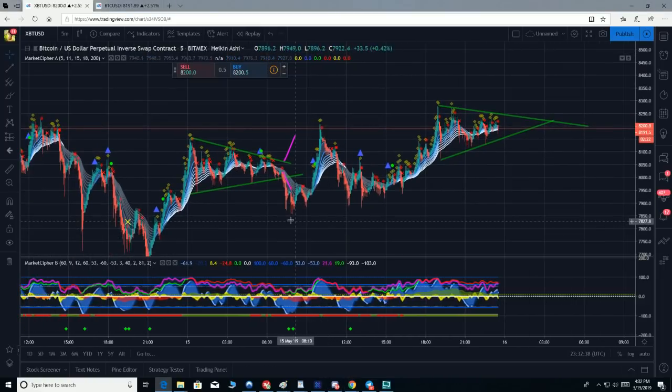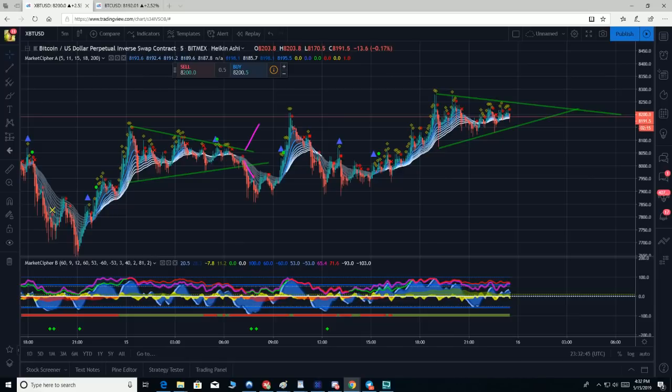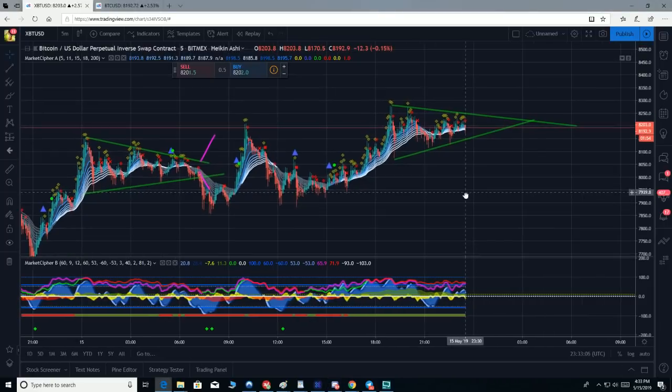So, we are going to start with market cipher A and the details of it. First thing you want to do is identify the current environment that you are in, trade-wise. Is it a market that's going crazy up and down? Is it just going up? Is it just going down? Is it a market where it only makes $100, $200 moves and changes? Is it a market that makes big moves?